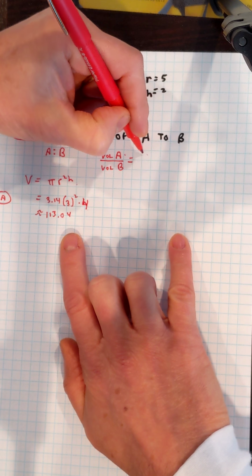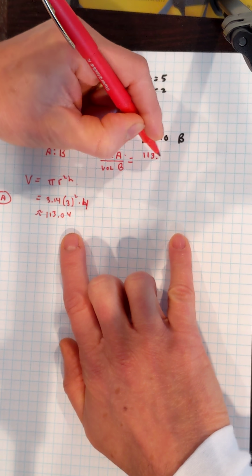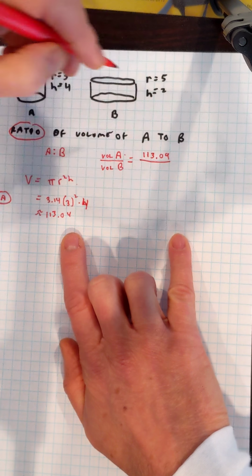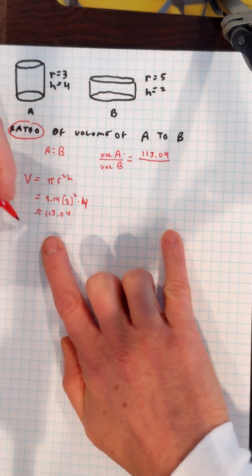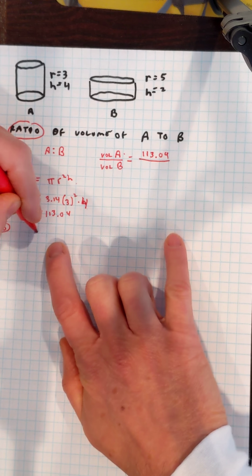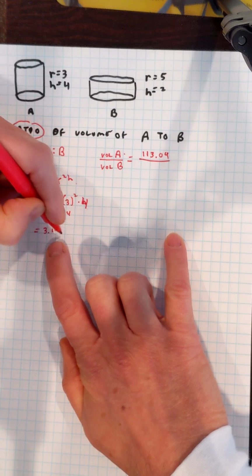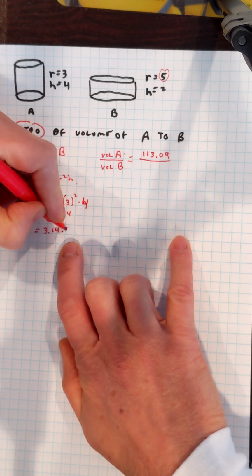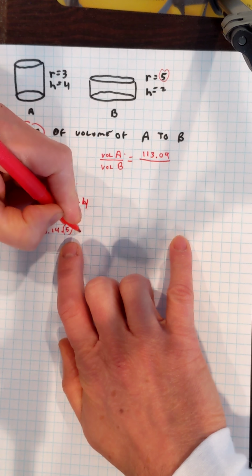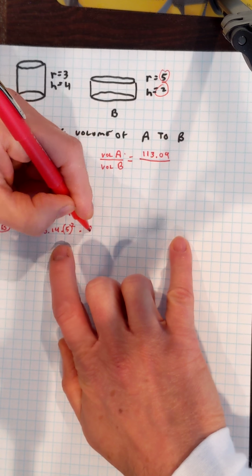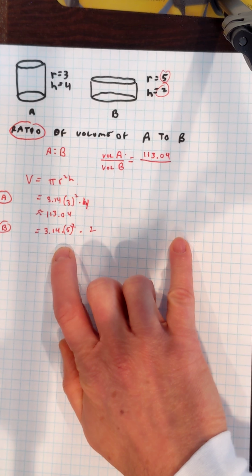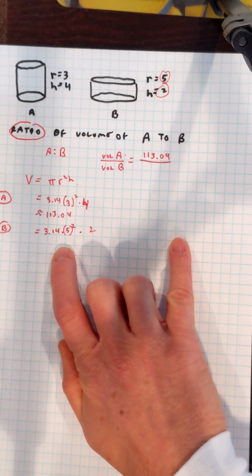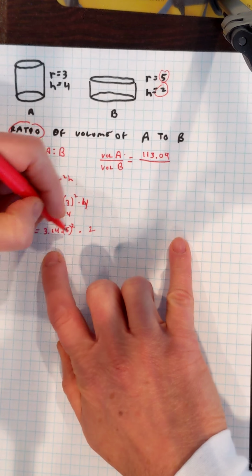So volume of A is 113.04 divided by, now I need the volume of B. For B, it's 3.14 times my radius, which they give me as 5, squared, times height, 2. Using my calculator, I put 3.14 times 5 squared, or 25, times 2, and I got 157.